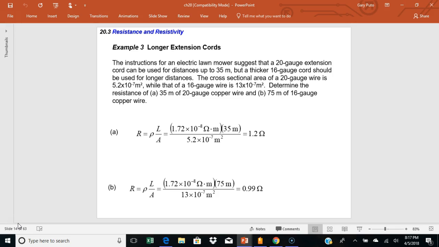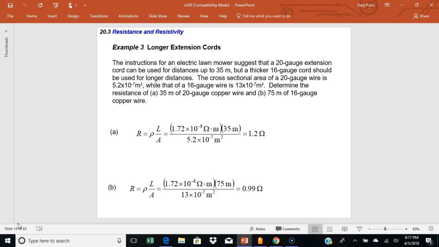That's 1.2 ohms. Note I made up a little chart here where I've got the wire, the area of the wire, the safe distance you can use the wire, and the resistance. So 20 gauge extension cord, less than or equal to 35 meters, 1.2 ohms.